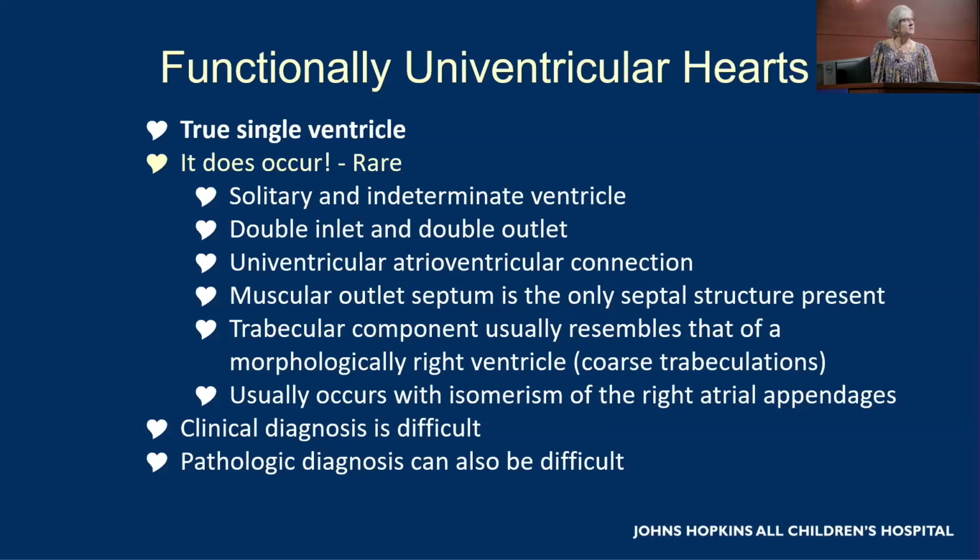The only septum present in these hearts is the muscular outlet septum, and they typically resemble a morphologically right ventricle in that they have very coarse trabeculations. This case usually occurs with isomerism of the right atrial appendages. So both for the clinician and the pathologist, the diagnosis can be difficult.